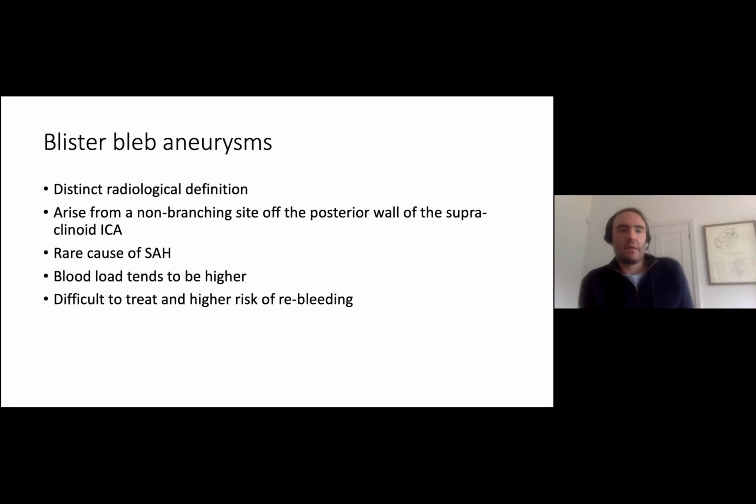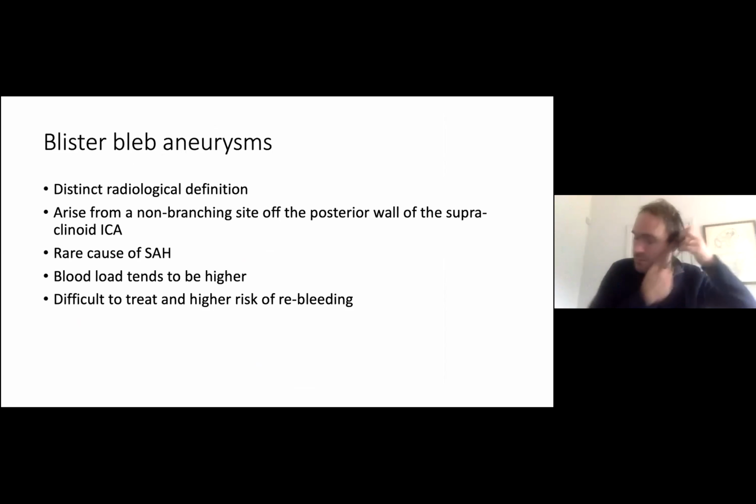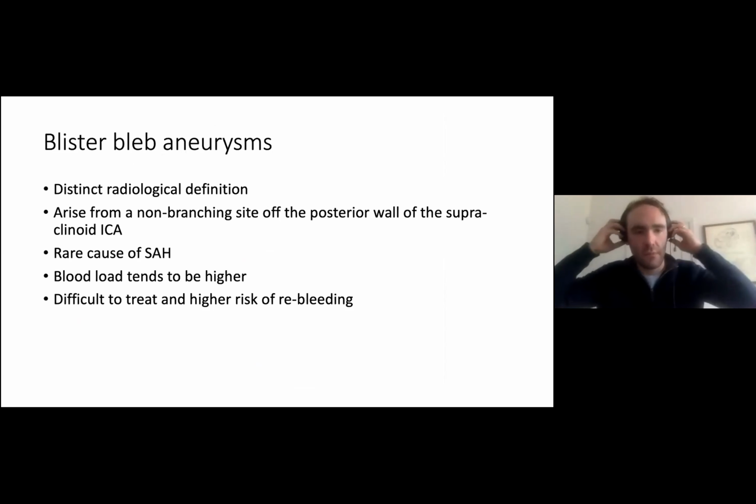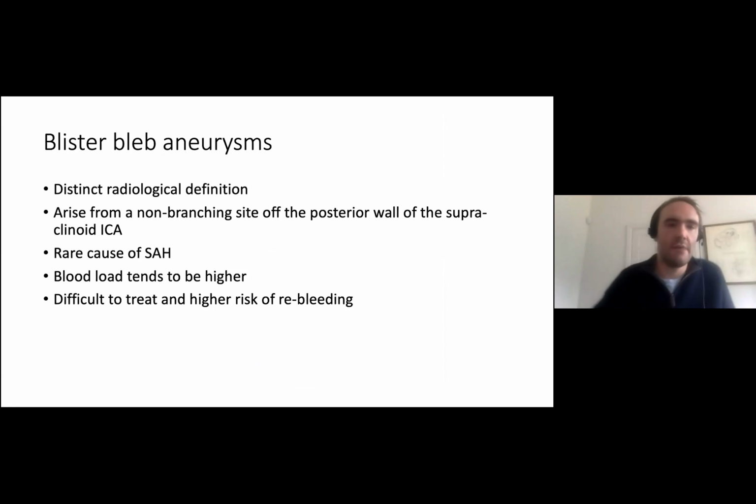So now I was going to talk a little bit about blister bleb aneurysms. Again, they have a distinct radiological definition, separate and different to the other aneurysms I've just discussed with you.